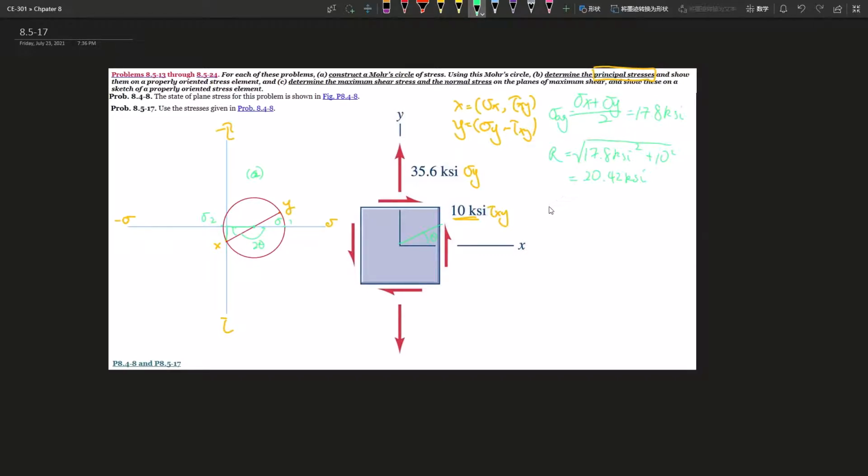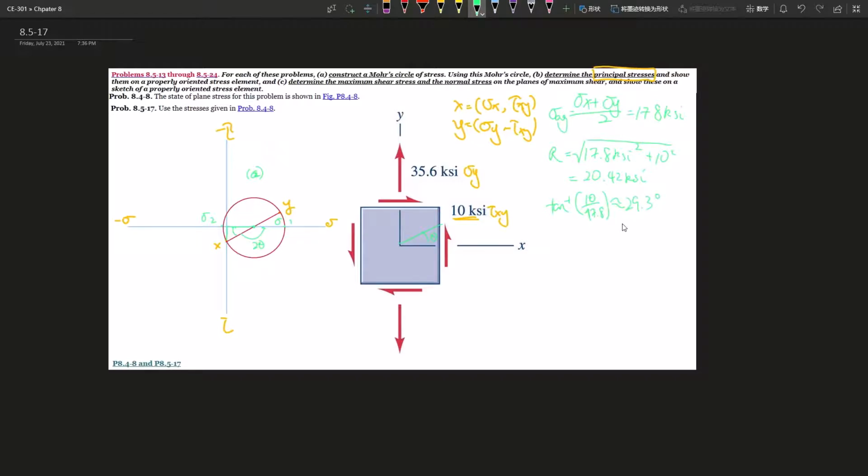Okay, so this is basically just inverse tan of 10 over 17.8. The angle should give you somewhere about 29.3.